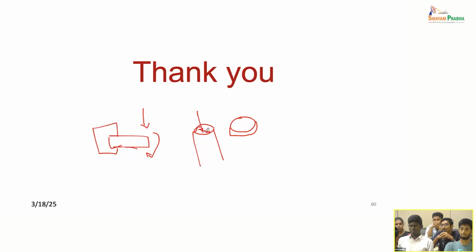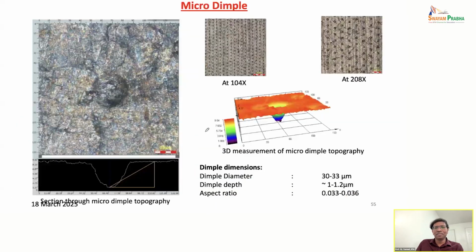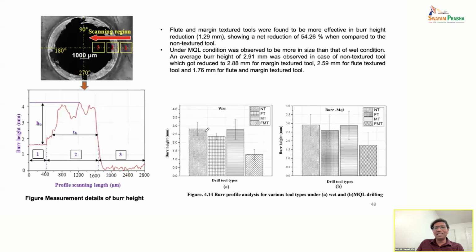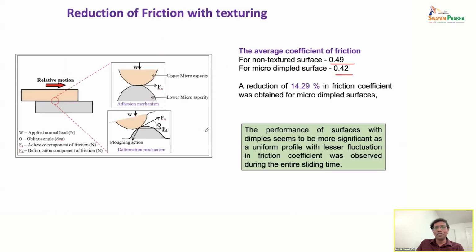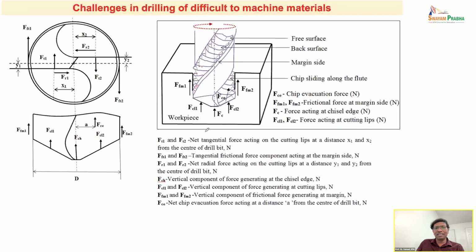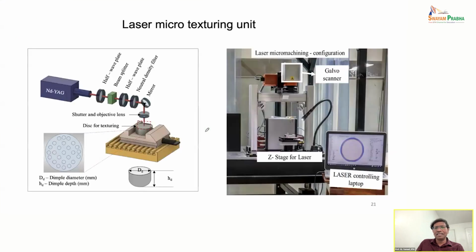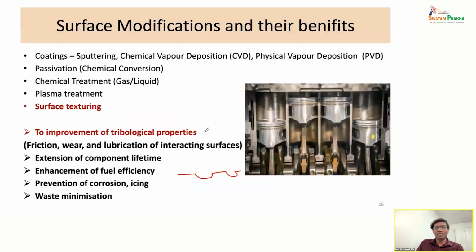Then why can't we do it in the pistons? Yeah, on the piston surface, I have given you a picture in the beginning. Basically, the piston rings make the full contact with the surface. I just gave this as an example, but here you can see this is the piston. It won't be just like a cylinder.